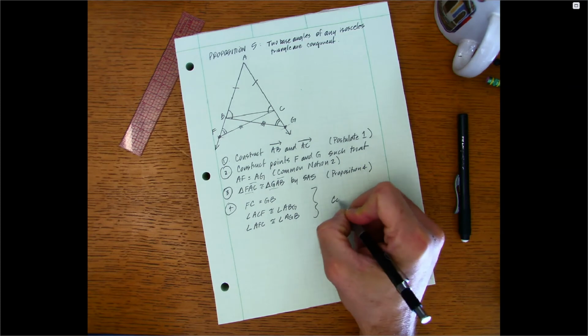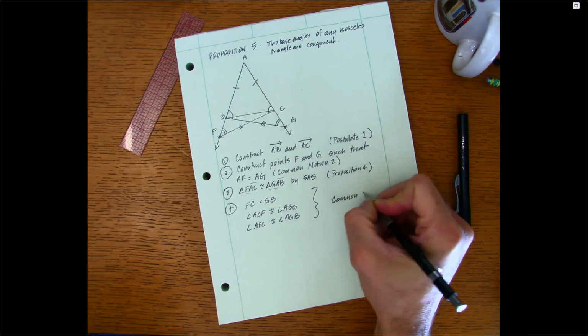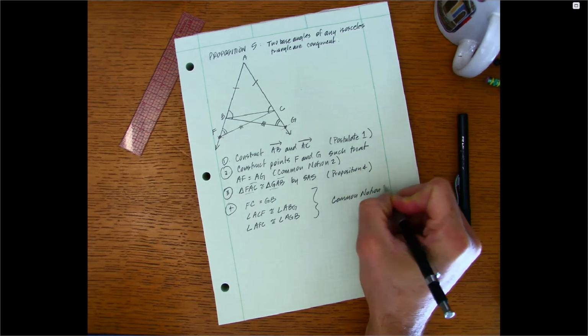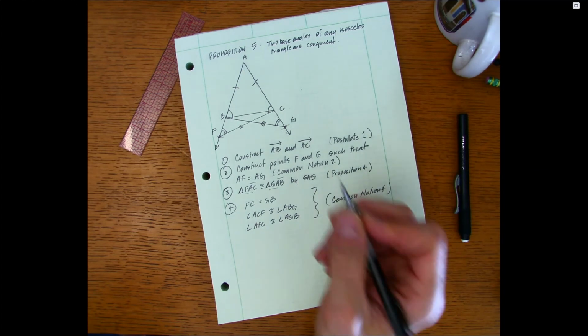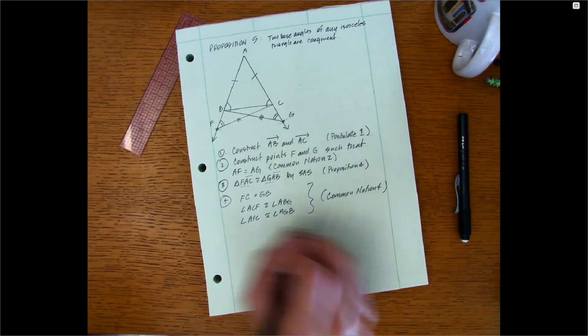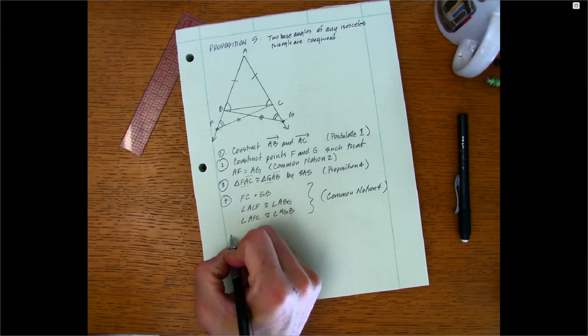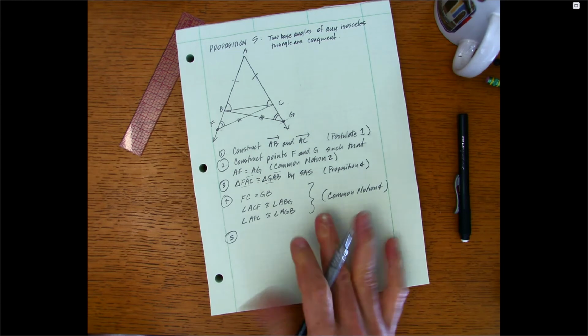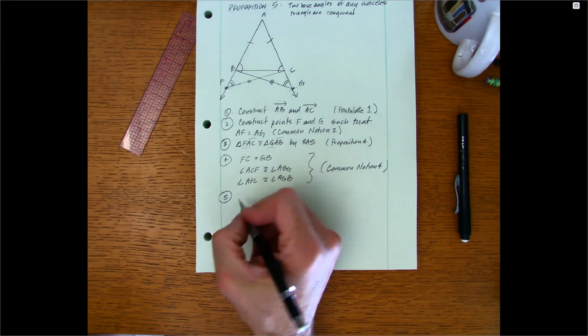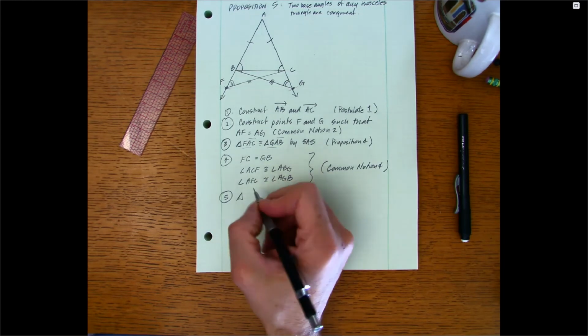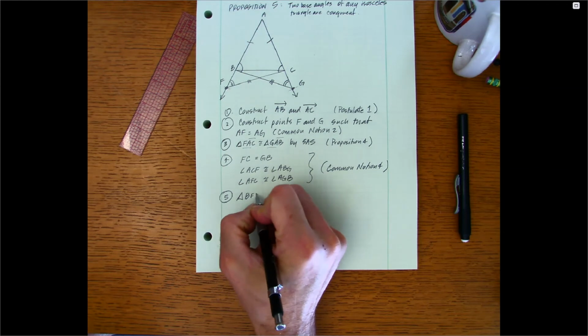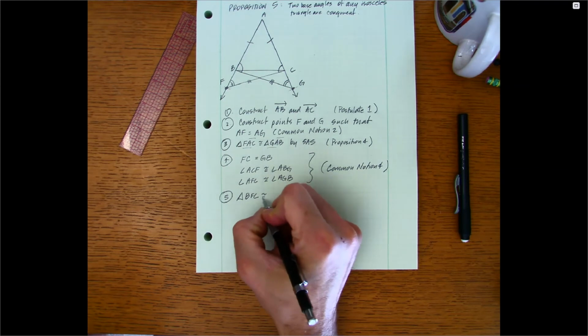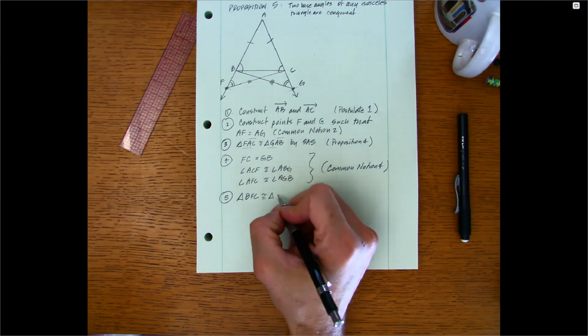Common notion 4: if two things are congruent, then their parts are congruent. And so on to number 5. At number 5, what we get in Euclid's proof is that the triangle BFC has got to be congruent to the triangle CGB.